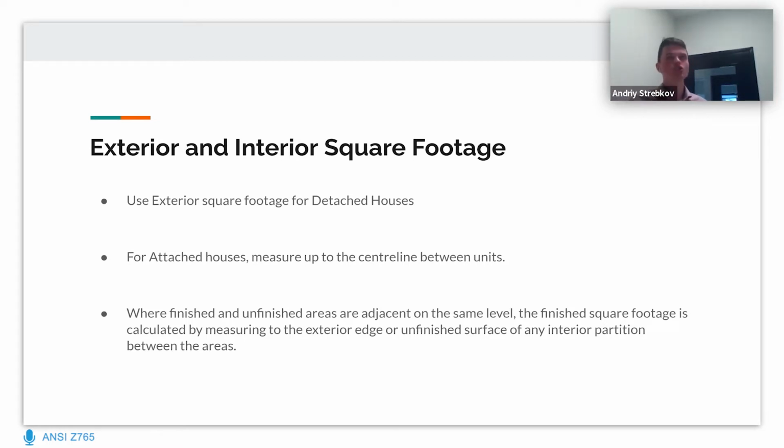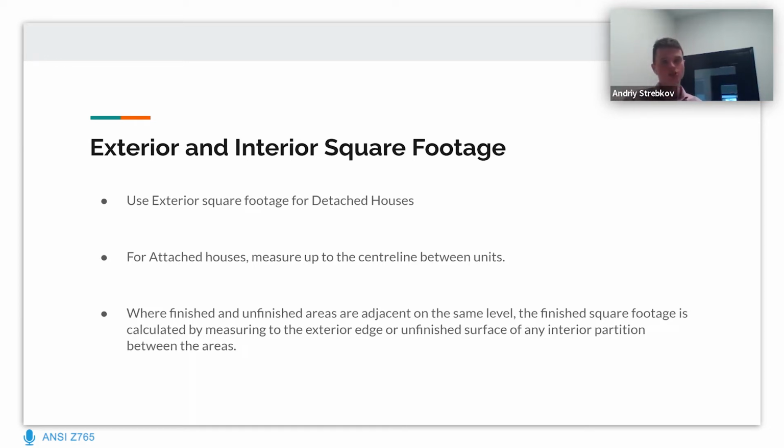What about the situations when you have an attached garage? So a garage is obviously not finished area, but what do you do about it? The explanation for cases like this: where finished and unfinished areas are adjacent on the same level, the finished square footage is calculated by measuring to the exterior edge or unfinished surface of any interior partition between the areas.